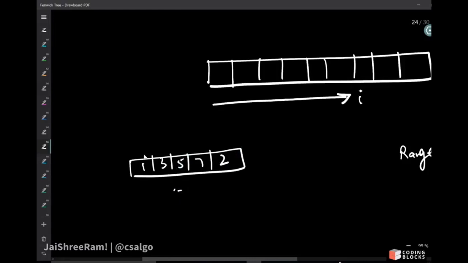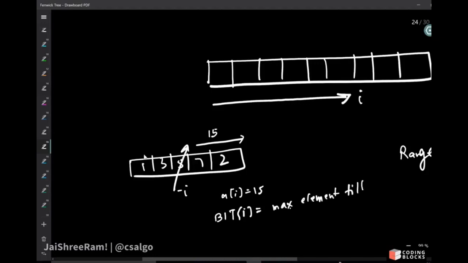Suppose there is an update that you want to change index I, you want to make array of I as 15. In that case you have to propagate 15 in the forward direction. So BIT of I will store the maximum element till I.